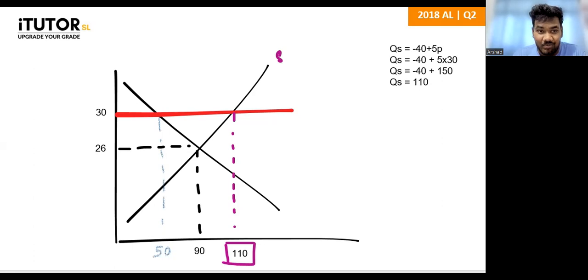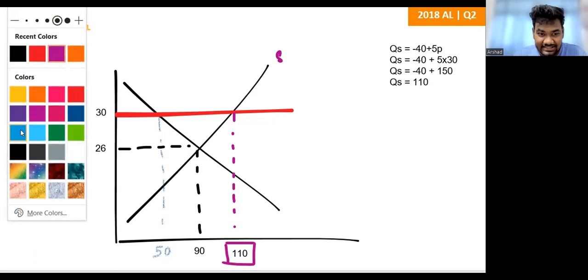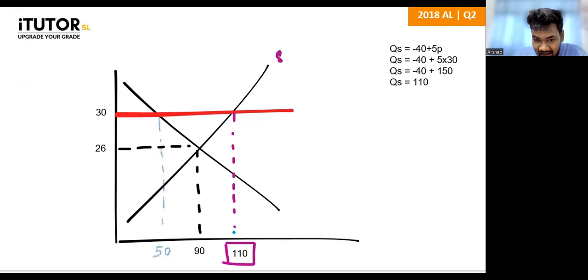See, to buy 110 kilos, look at the board. To buy 110 kilos, what is the price the consumer is willing to pay? This is the demand curve. So what is the price the consumer is willing to pay to buy this 110? How do you find that out?